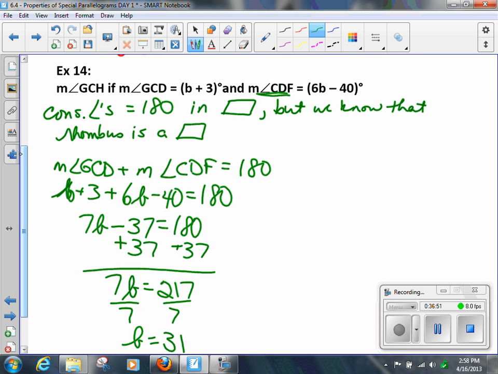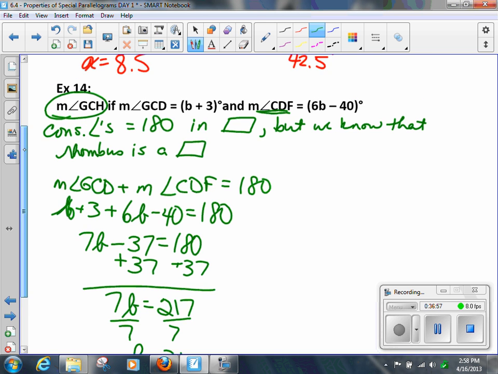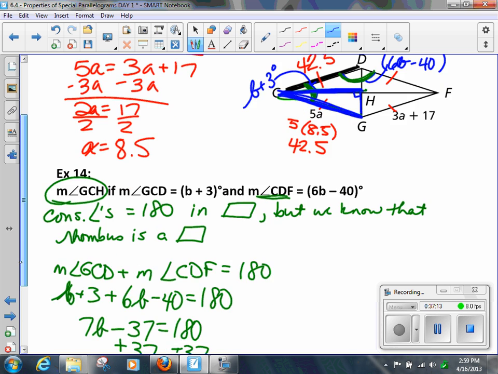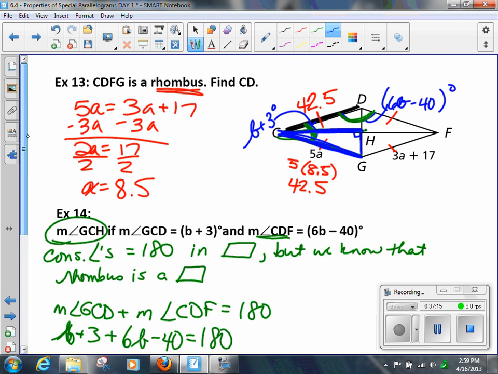What's it asking us to find? Go back and read the problem. It's asking us to find GCH. Go back. GCH. It's the first one that I drew. I highlighted in there, GCH. It's that little piece. If I find out what b plus 3 is, all I have to do is divide it by 2. b is 31, right?